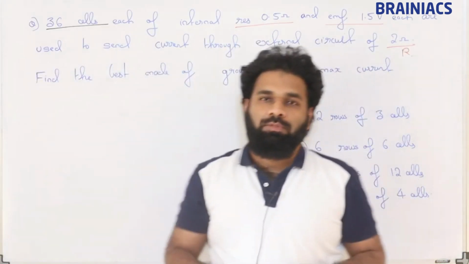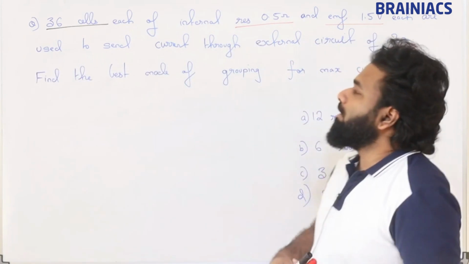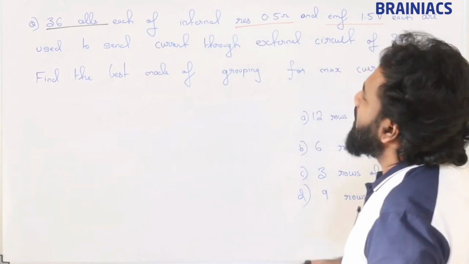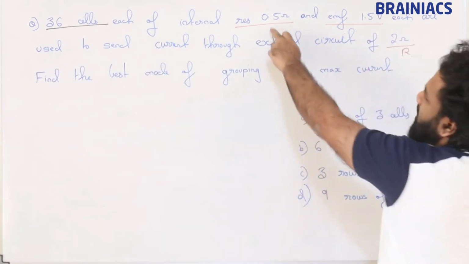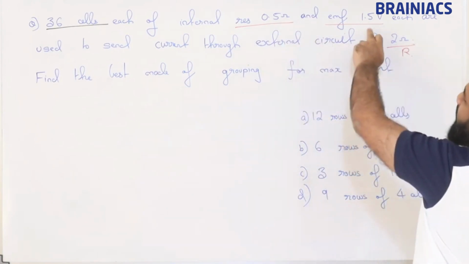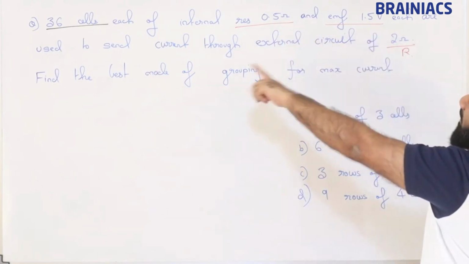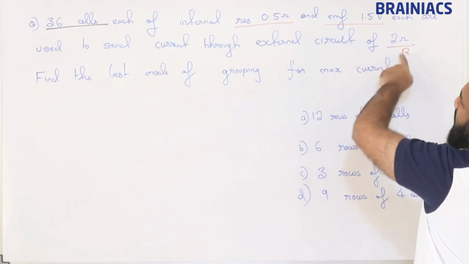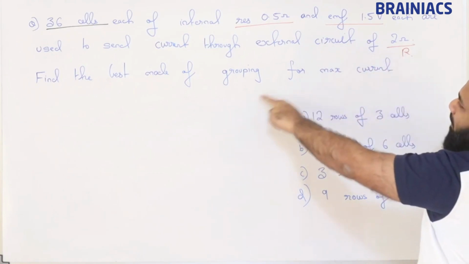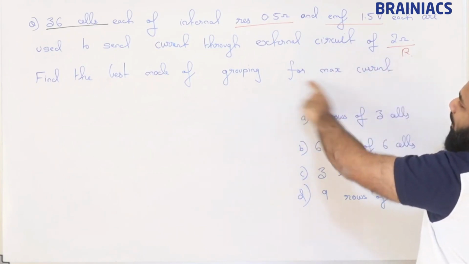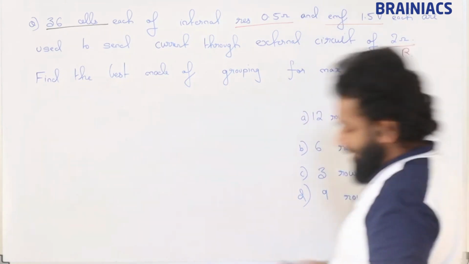So take this question, students. 36 cells, each of internal resistance 0.5 ohm, EMF is 1.5 volt, are used to send current through an external circuit of 2 ohm. Find the best mode of grouping for maximum current.